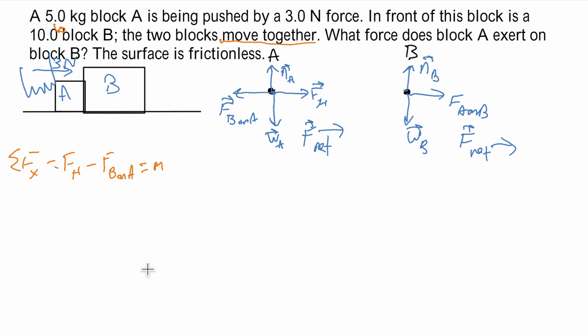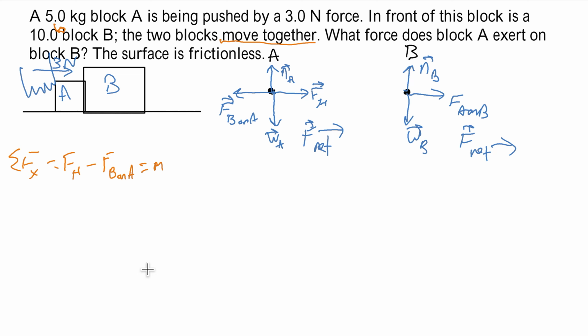Earlier we talked about the fact that if the objects are being pushed together, then objects in contact will have the same acceleration. I said that right here: objects in contact have the same acceleration.